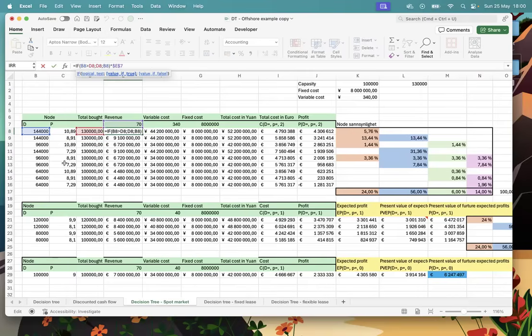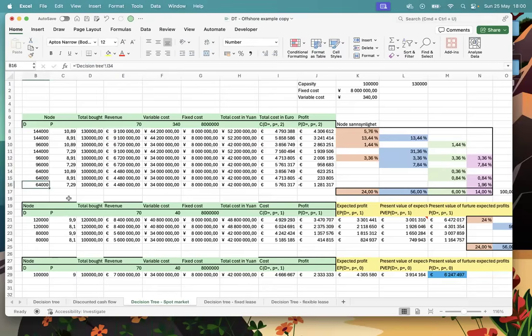If our demand is lower than what we have produced, we will use the value of the demand. For this example, we have 64,000 in demand, but we have produced 100,000, so our demand is still 64,000. And then lastly, we just multiply this by what we can sell it for, which is 70 euros, as we can see here.